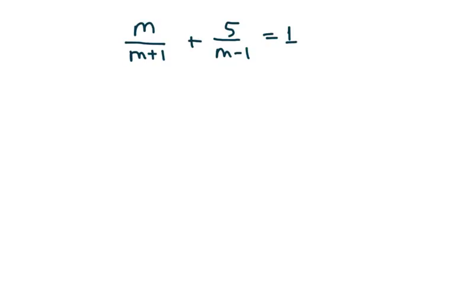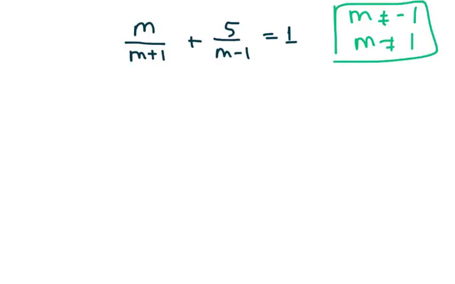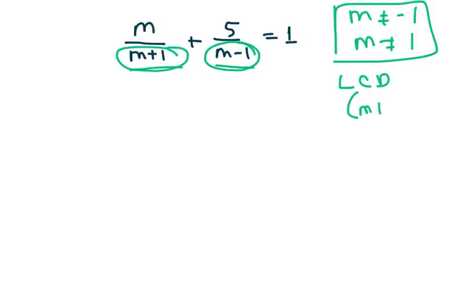And our last one, our restrictions are m cannot be -1 and m cannot be 1. Because if you plug those in, you'll get 0 in the denominator. And we have to take this whole piece. My LCD is both of these together. These are both separate units. They're both different. So you get m plus 1 times m minus 1. Now what I'm going to do here is, instead of each piece, I'm just going to distribute.